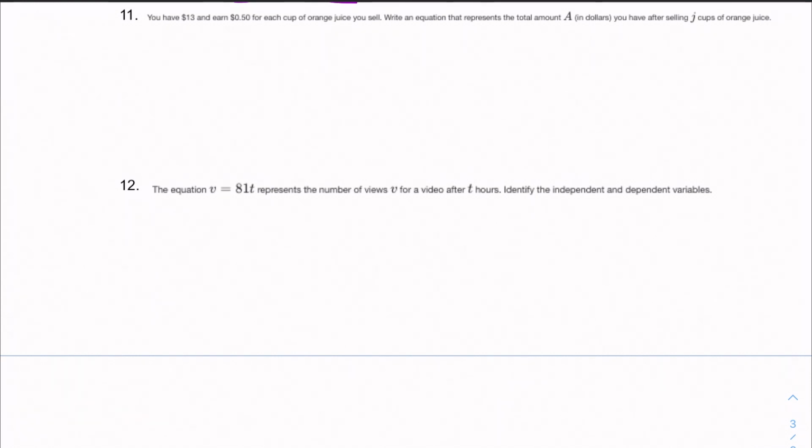So it tells me that I'm supposed to make an equation that represents this total amount, so I know right away that A is going to be by itself. A equals something because that's total. It tells me that I start with $13 and that I earn. The word earn is like adding. I'm getting more money, 50 cents, so 0.5, for every cup of orange juice.